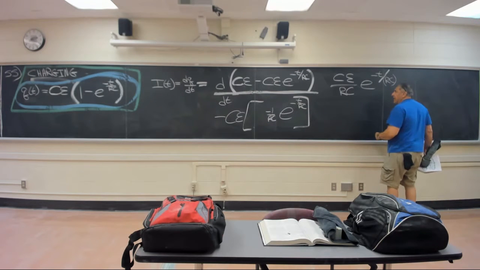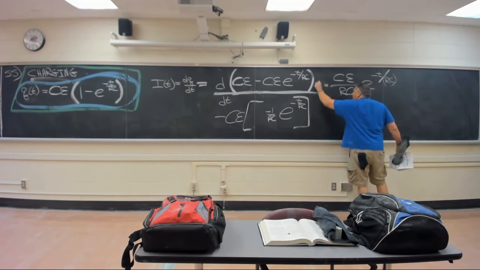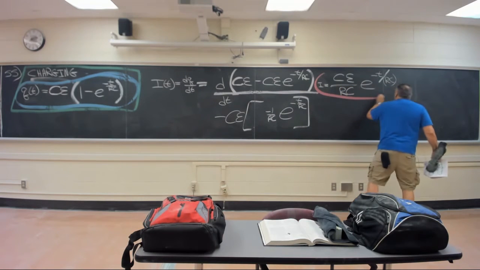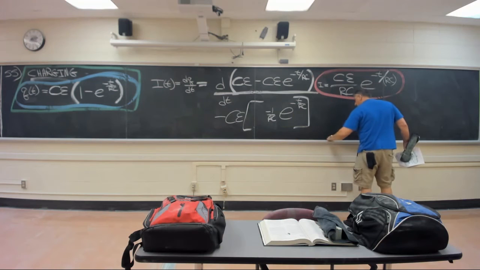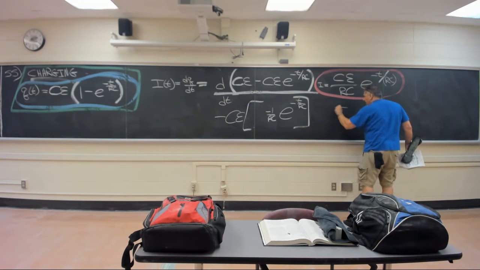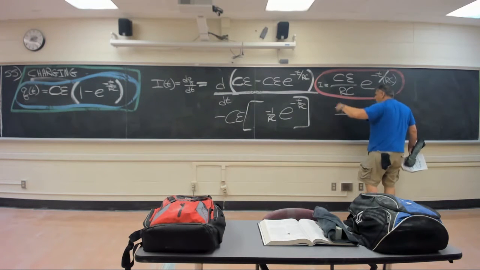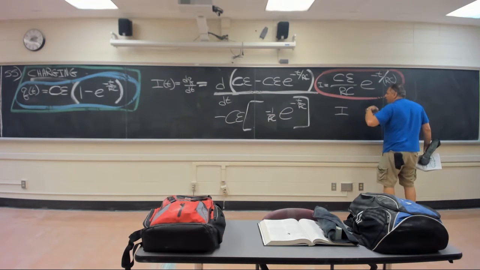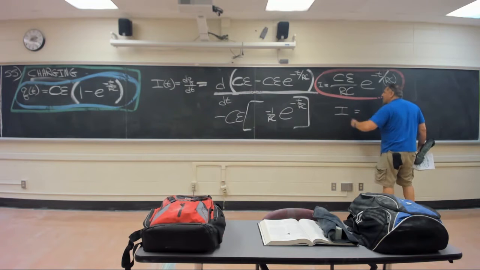Yeah, there's your answer. And that's what I is equal to. So I sub t, or just I, and q of t, or just q, is how we can say all this stuff.